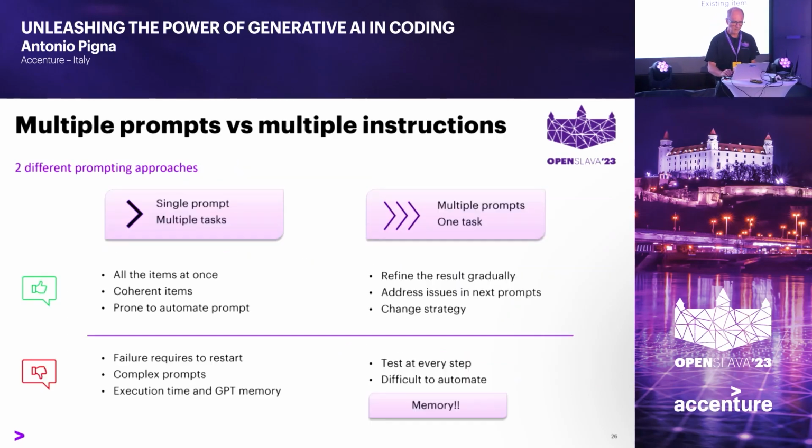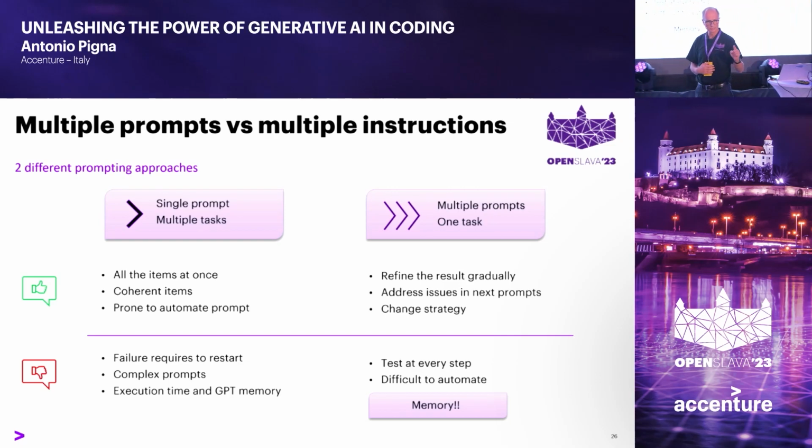Okay. You also see two different approaches that I use. The one is multiple tasking, just a simple prompt. This is very interesting for me when you want all the items at once. You have, let me say, an automatic system to take all the classes into your IDE, so you automate the prompt. The multiple instruction is better.